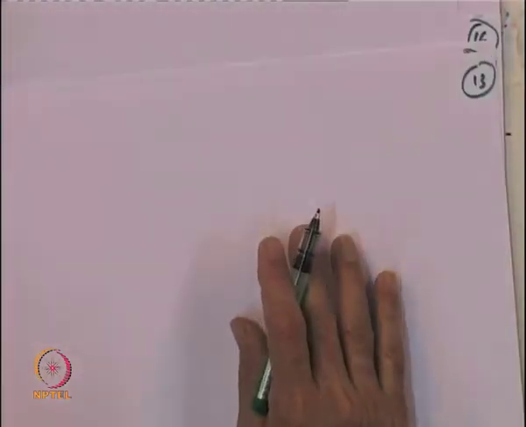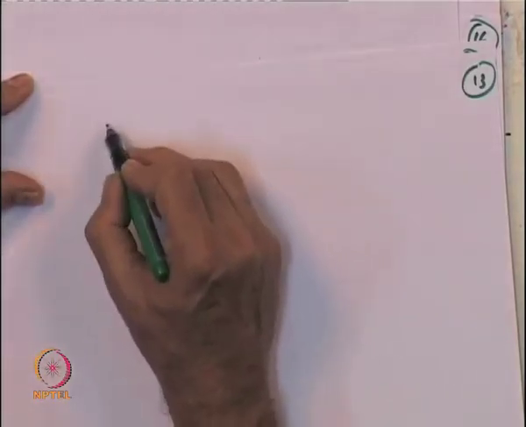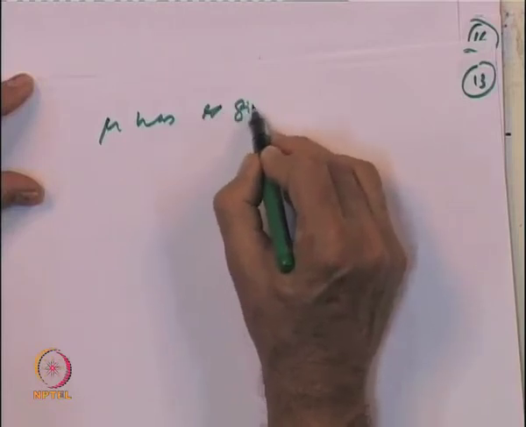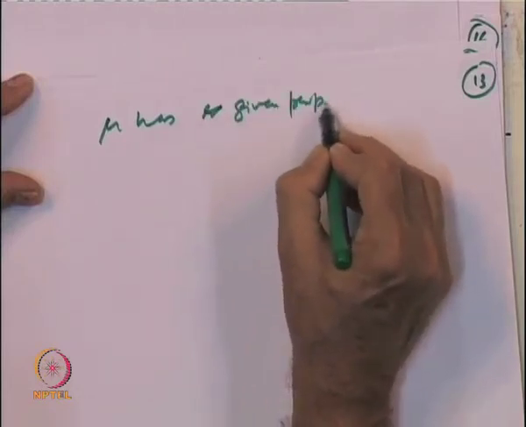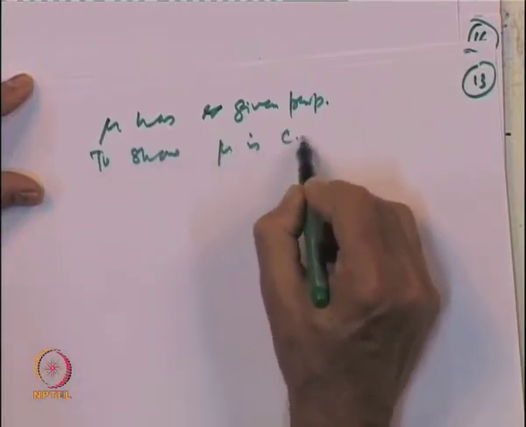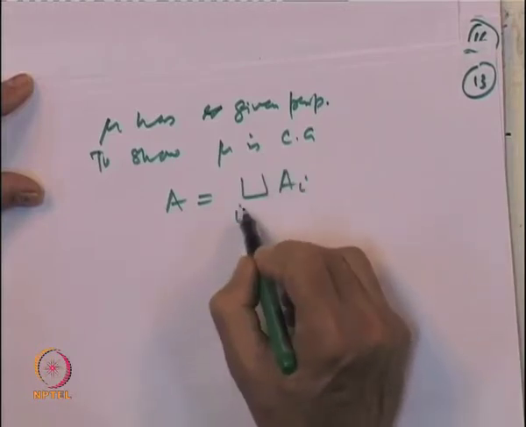Let us assume mu has the property that whenever A n's increase, the stated limit property holds. We want to show mu is countably additive. So, let us take A equal to a disjoint union of A i's.